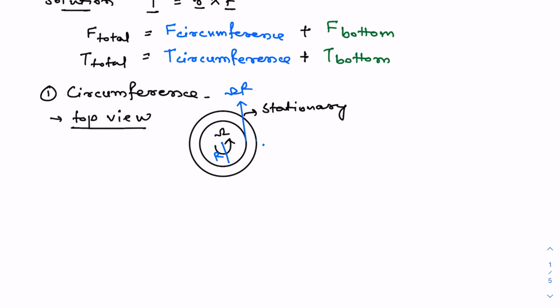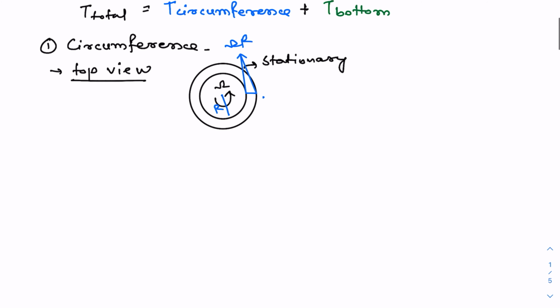So the fluid velocity in between varies linearly from 0 to omega r, and then basically the force that is acting on the inner cylinder is the viscous shear stress due to the velocity gradient in the fluid here.